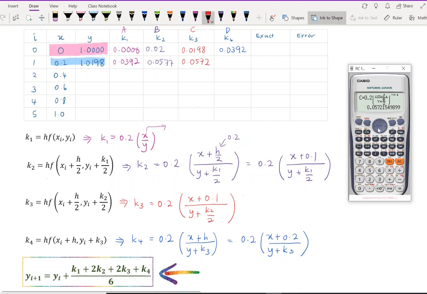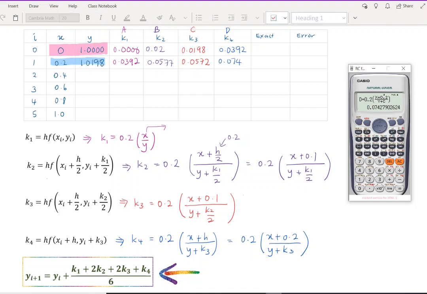And again, find back our equation for D. Just click calculate. X value is 0.2, Y and C are there, 0.0572, and our new D is 0.0743.